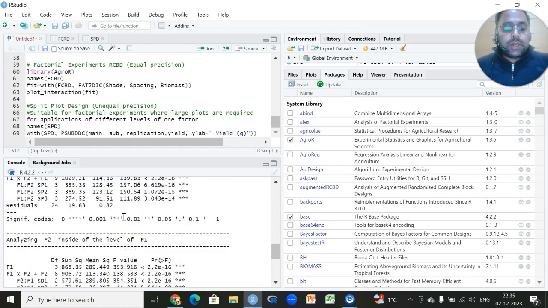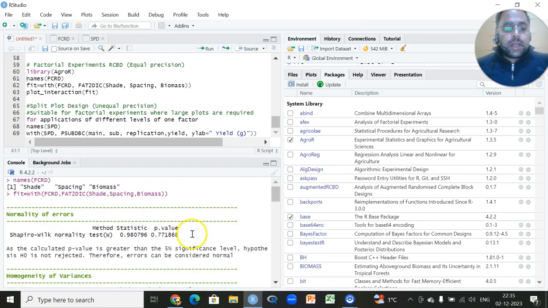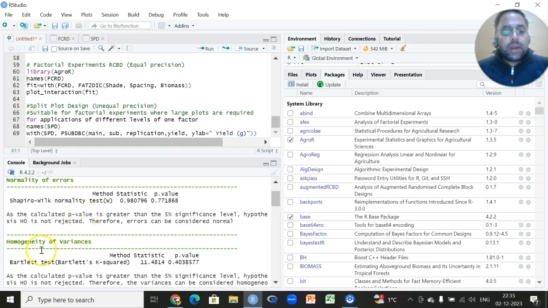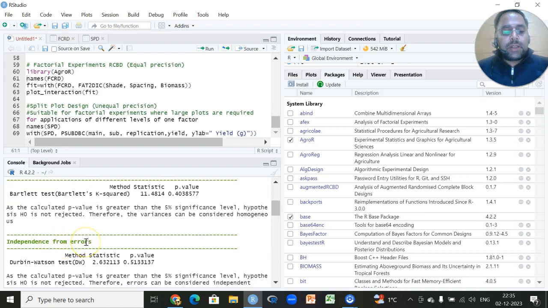We have all the results available here, starting with the assumptions of the basic analysis of variance regarding errors: whether our errors are normally distributed, whether there is homogeneity of error variance, and whether the errors are independently distributed or not.